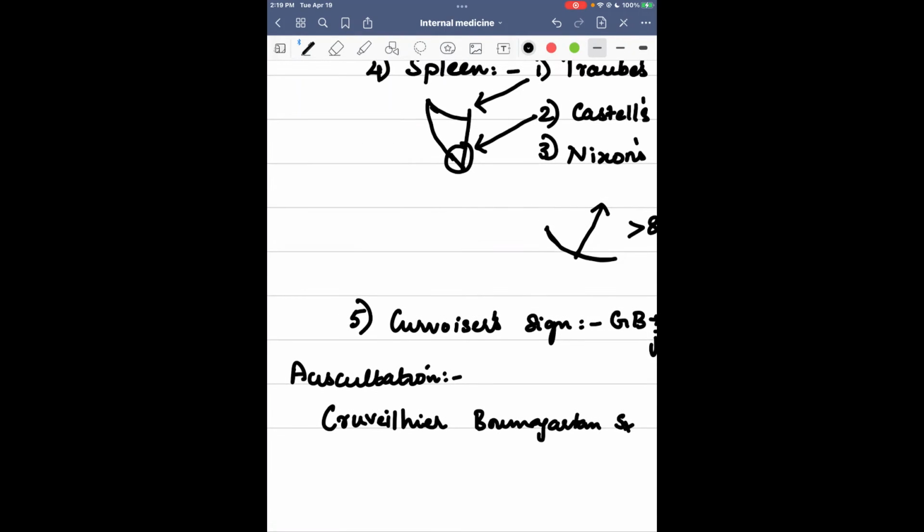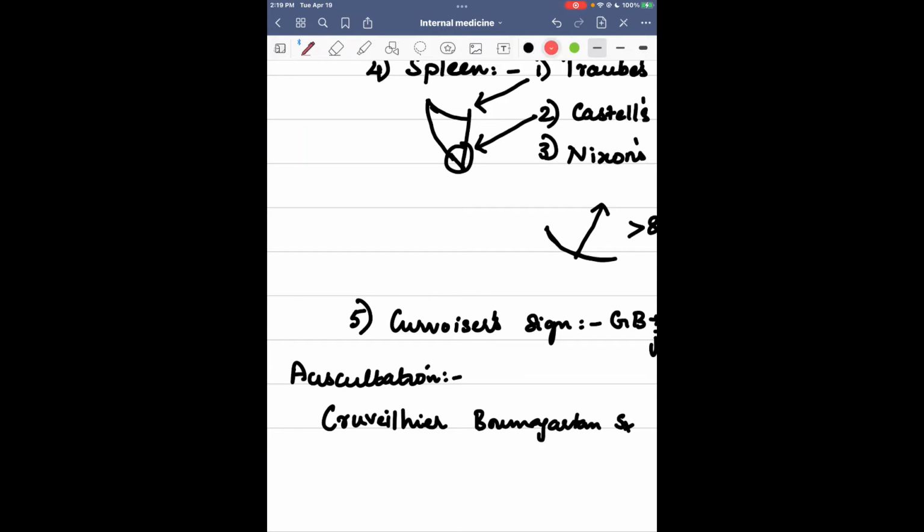What I was able to find out is that in some patients, when there is a patent umbilical vein and associated portal hypertension, we can hear a loud venous hum, which is called the Cruveilhier-Baumgarten murmur, usually heard in the upper abdomen.